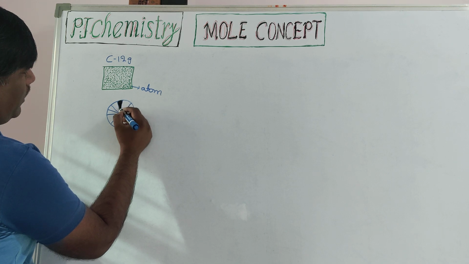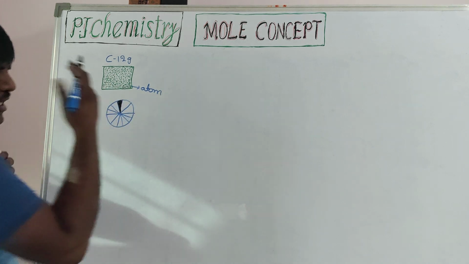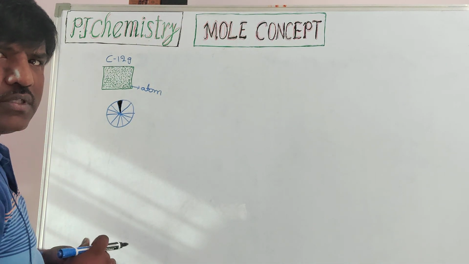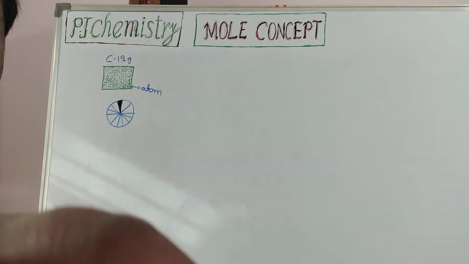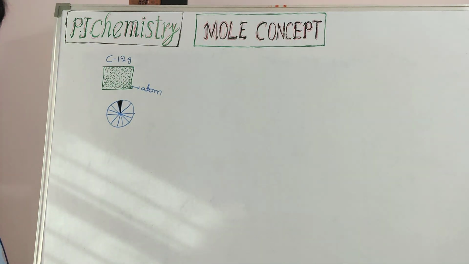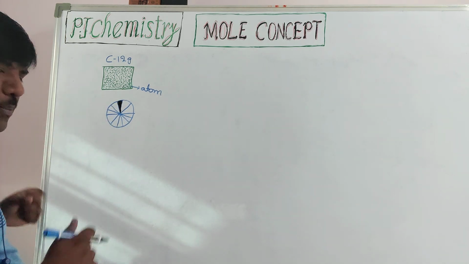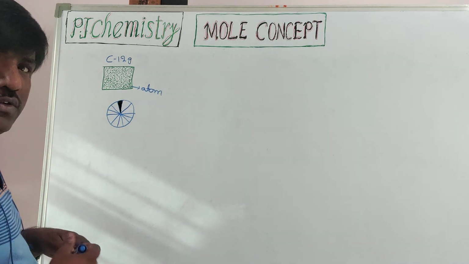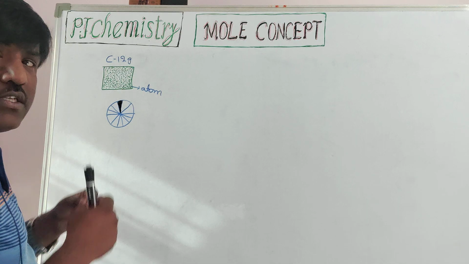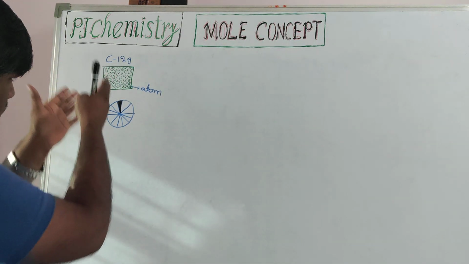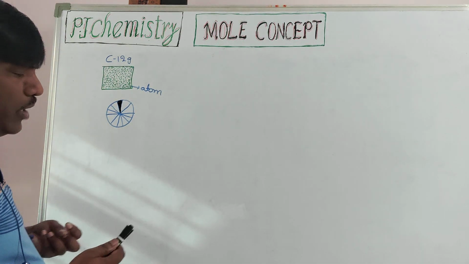Here we are cutting. Atom is nothing but nucleus, and we are dividing the nucleus into 12 parts. The nucleus contains what? Protons and neutrons. We used to call them nucleons. So the nucleons we divide into 12 parts.